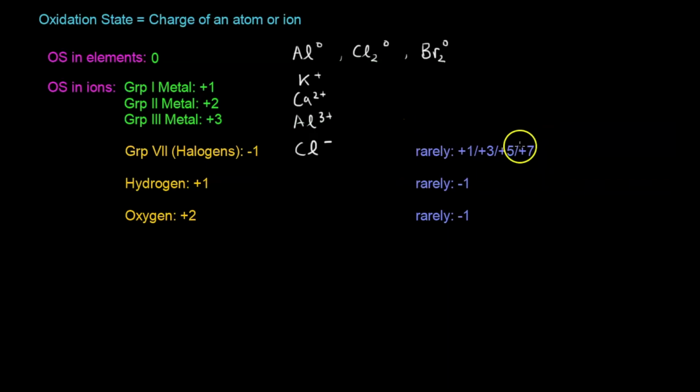It rarely comes out. Hydrogen, usually it's +1, H plus. Oxygen is +2. Sorry, 2 minus. This is my bad. It shouldn't be a +2, it should be a -2. Rarely can hydrogen be -1, and rarely can oxygen be -1 as well. So these are oxidation states of elements and ions.